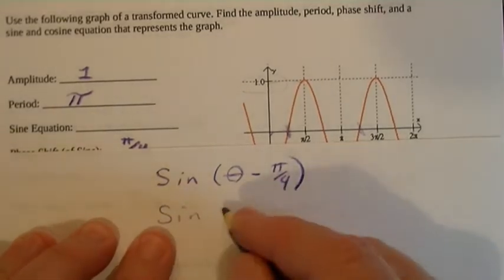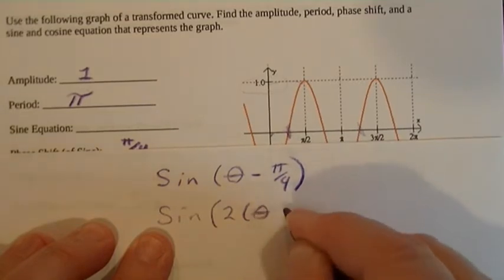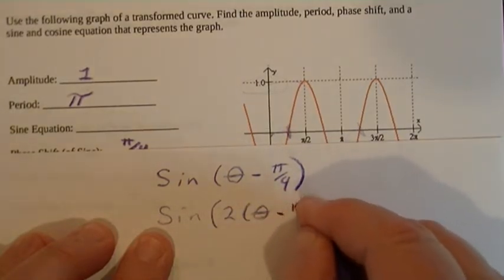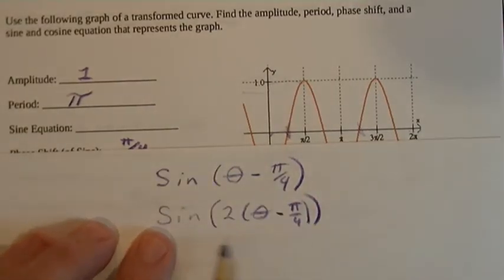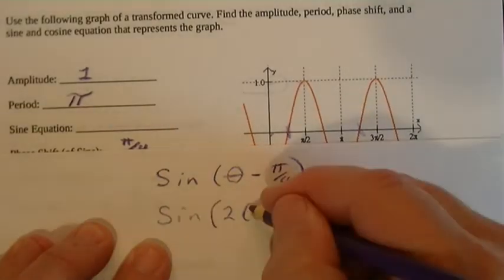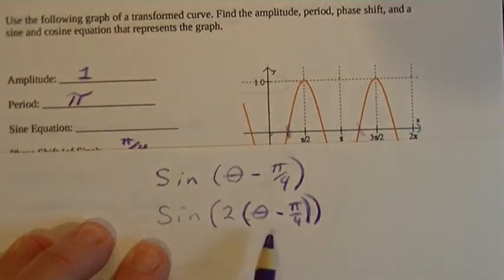Then if I want to shrink the period, I want to multiply this by 2. This will actually get it for you. If you wrote this as the function and you had these parentheses here, you'd be correct. I've had students in the past write this without the parentheses, and that would be incorrect.